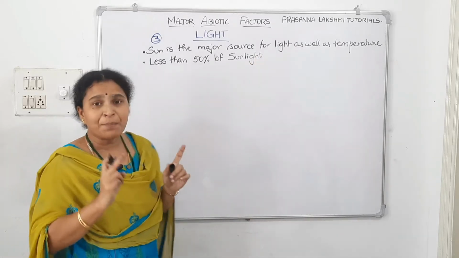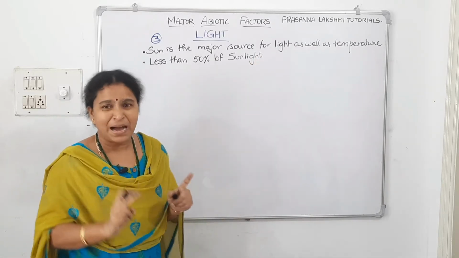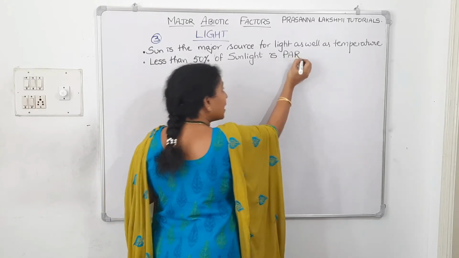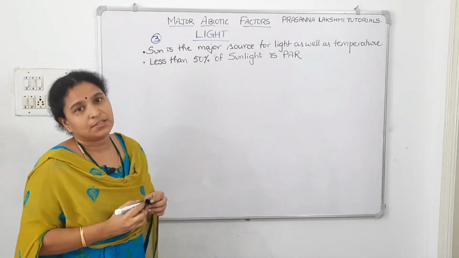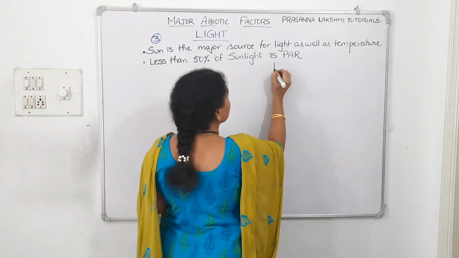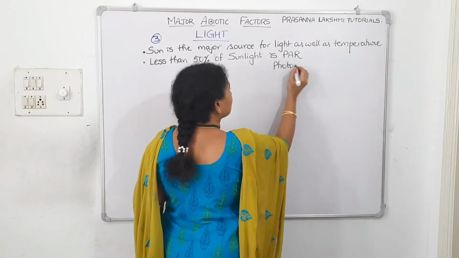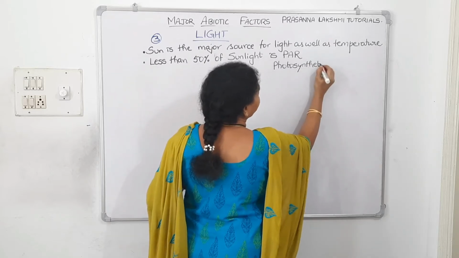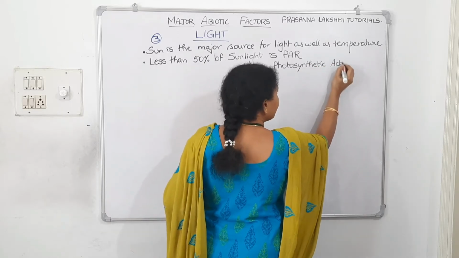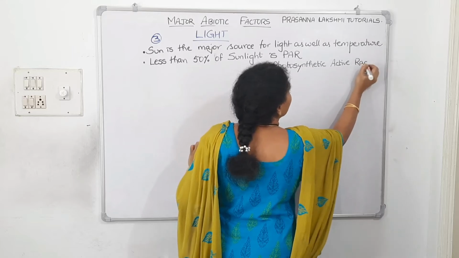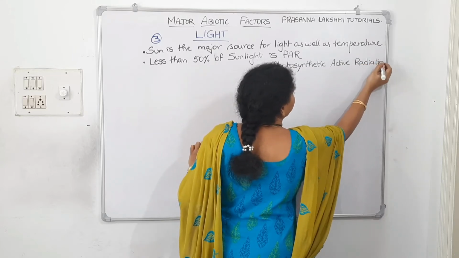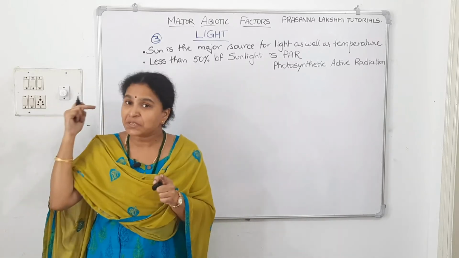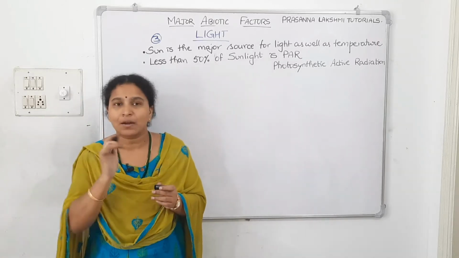Less than 50% of the sunlight falls on the ground as PAR. Now what is PAR? Photosynthetic active radiation. So less than 50% is PAR, which is coming and hitting the ground.